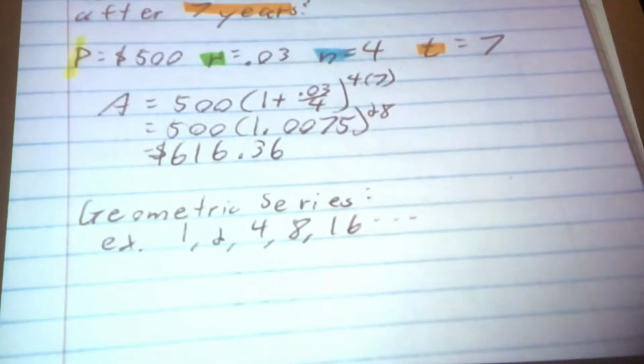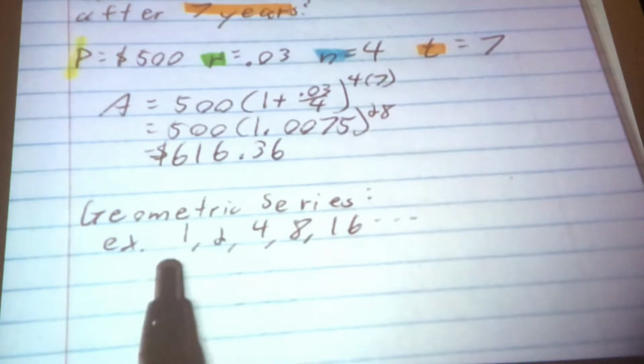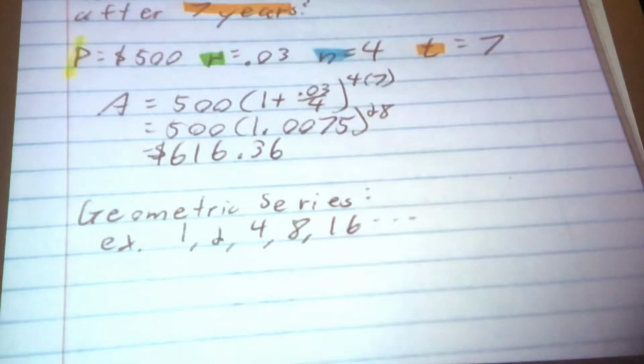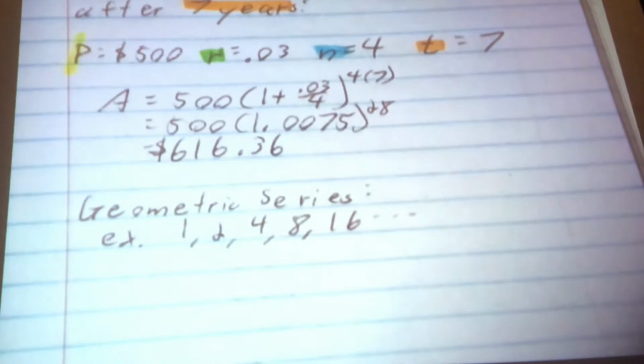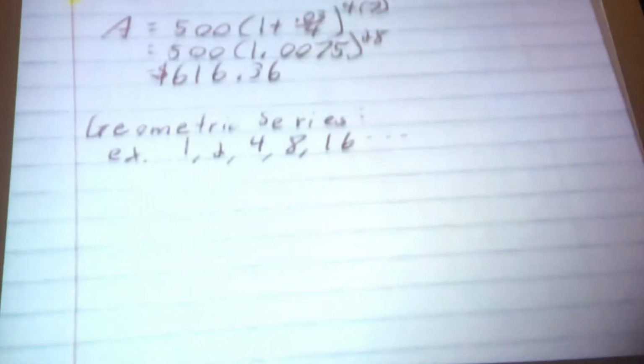So an example of a geometric sequence is 1, 2, 4, 8, 16. Because what am I multiplying every time? 2.